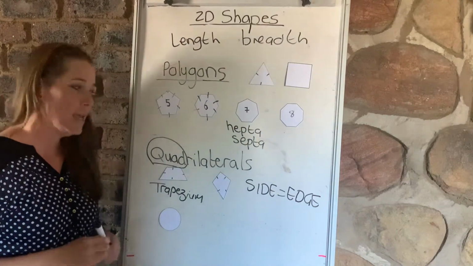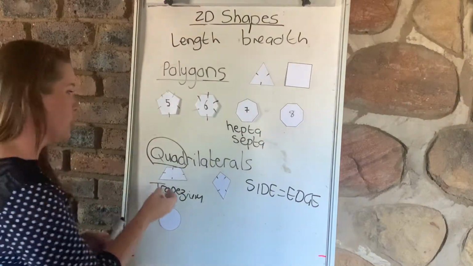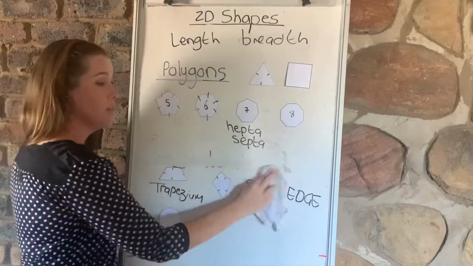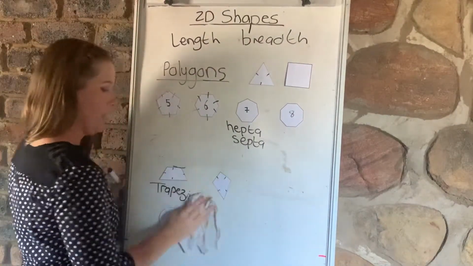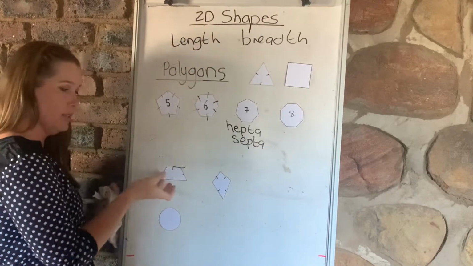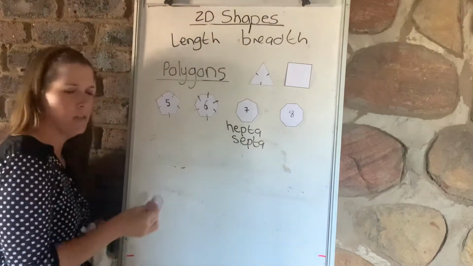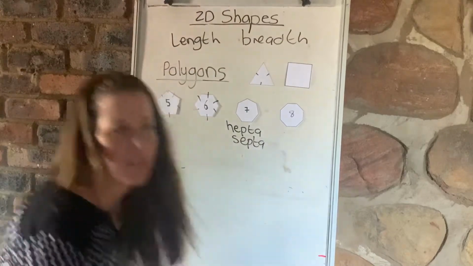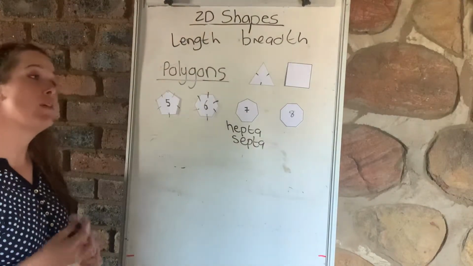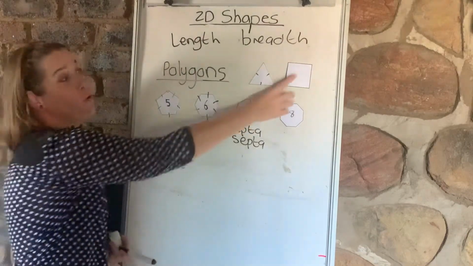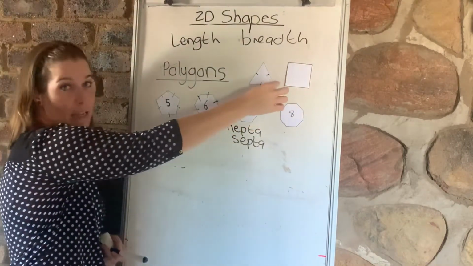Now, one more thing about 2D shapes is whether they are regular or irregular. As the name suggests, regular means the same, right? A square is always regular because for a square to be a square, all 4 of the sides must be the same length.